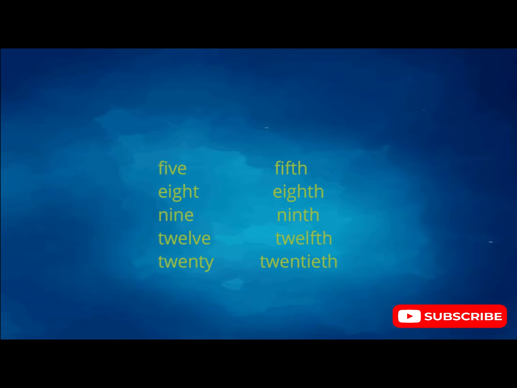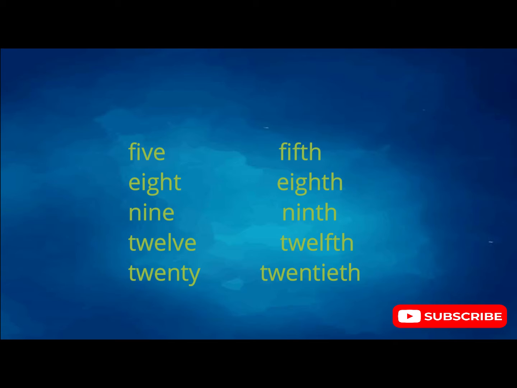But here we have some numbers which may be different when adding th, like 5 becomes fifth. We remove ve and put th. 8, we remove t and put th. 8th. 9, we remove e and add th. 9th. 12, just like 5, we remove ve and add th.